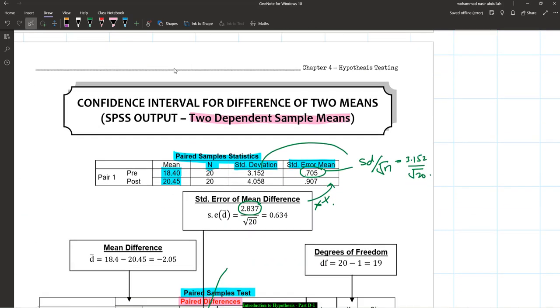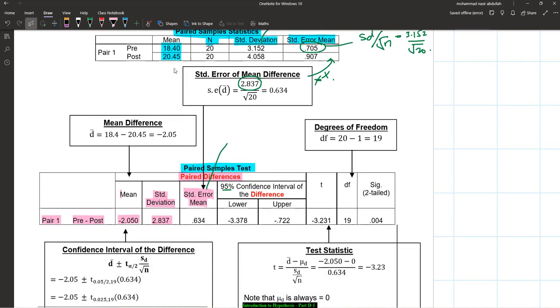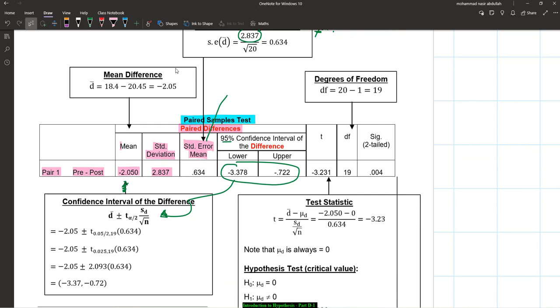So we get the 95% confidence interval. This is a t distribution, or t statistic, which is obtained from d bar minus mu d divided by the standard error of the mean.